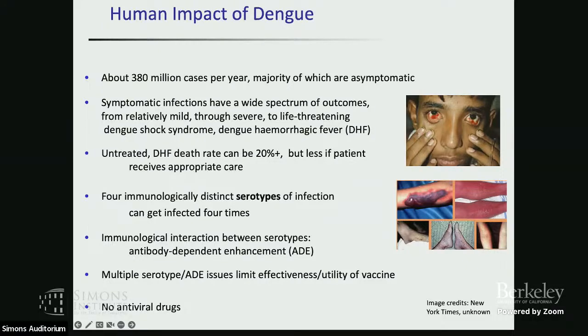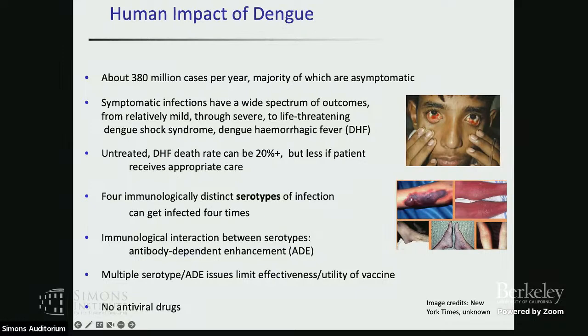An interesting thing about dengue that I'm not going to talk about today is that there are 4 immunologically distinct serotypes of infection. So to a first approximation, you can get infected 4 times with each of those 4 different serotypes. And something that's caused a lot of interest for modelers is that there's a very complicated interaction via immunity between those serotypes.